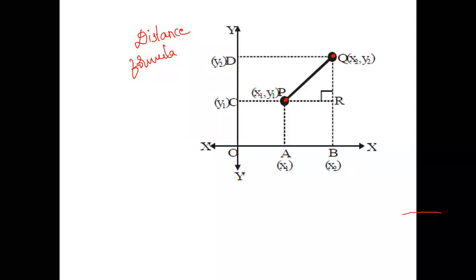So point P has coordinates x1 y1, and if point Q has x2 y2 as the coordinates, how to find the distance between P and Q? PQ is equal to square root of (x2 minus x1) whole square plus (y2 minus y1) whole square. This was the distance formula which you had studied.